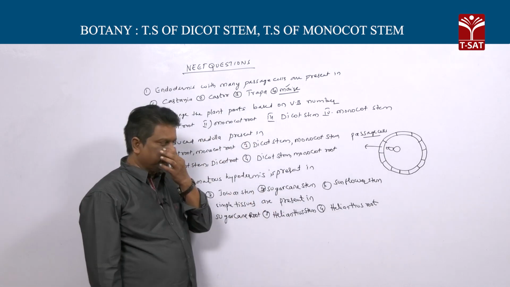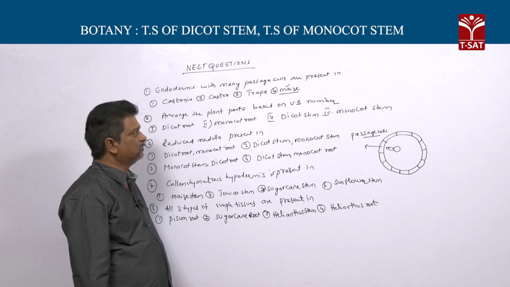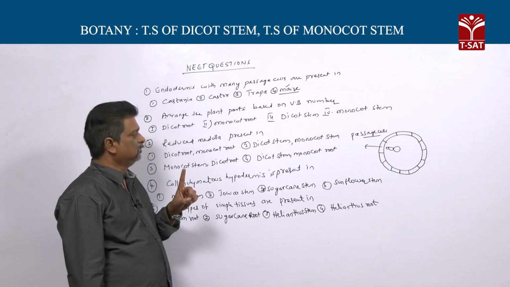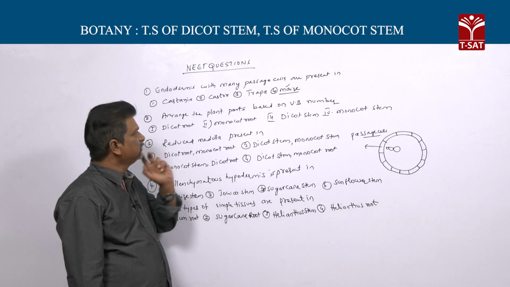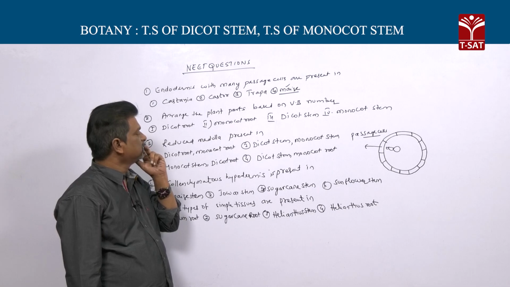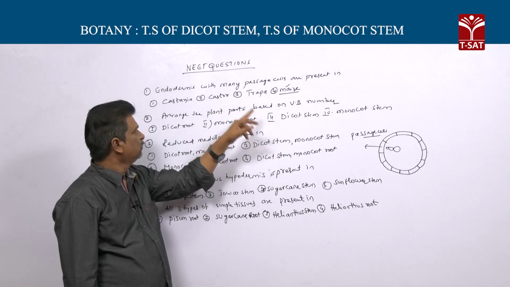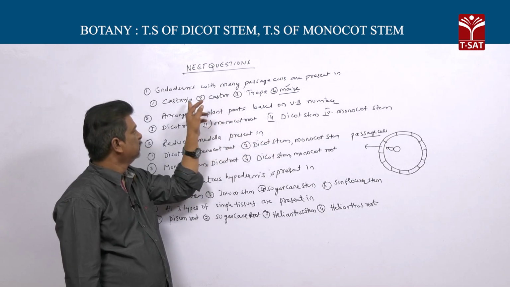So, the point: Trapa is monarch. Monarch means one vascular bundle. So, in Trapa, one passage cell is present. Then Castor is pentarch, 5 vascular bundles present, so the number of passage cells is 5.